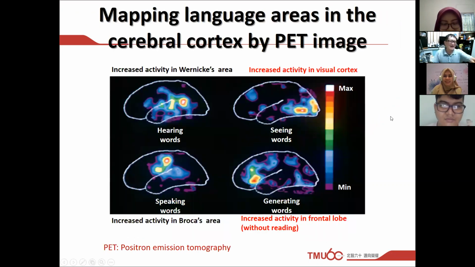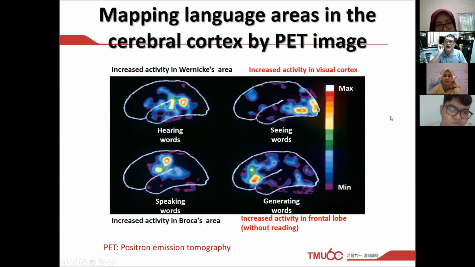Okay, last one. How do we image the function of those particular spots? How do you know this is for learning, this is for the auditory or sensory? Very easy, I told you. Neuron cells rely on blood flow, glucose, and oxygen. When a certain area has high activity, it demands more blood flow, glucose, and oxygen. So we label the blood flow with a particular fluorescent dye, for example. We put the patient on the detector machine, sitting there, and then we talk to them.